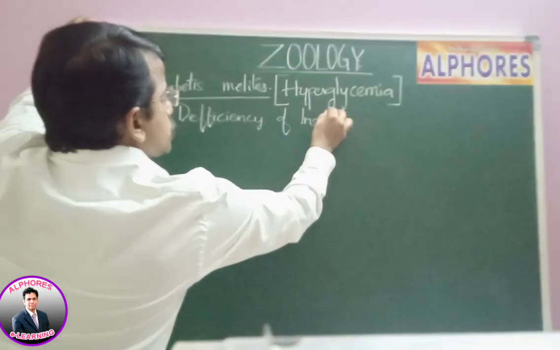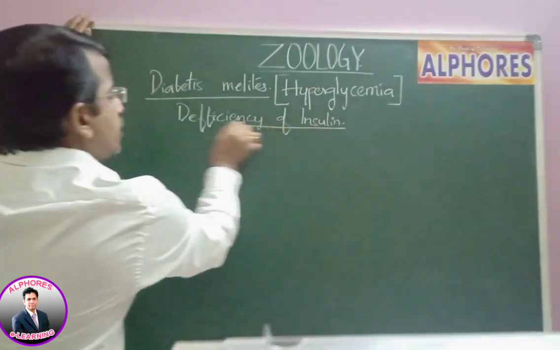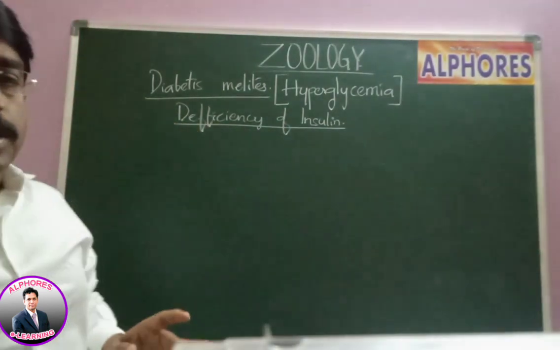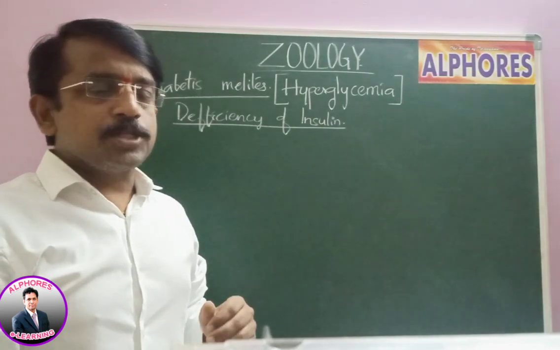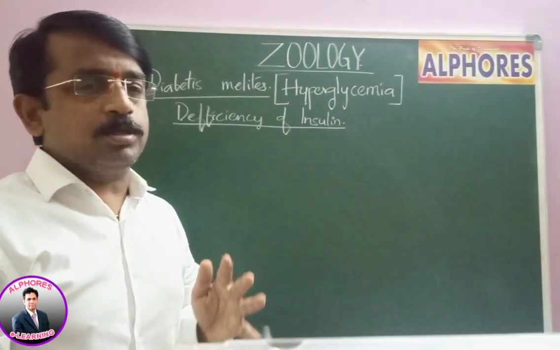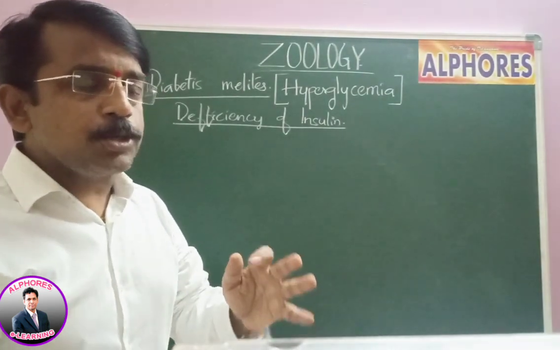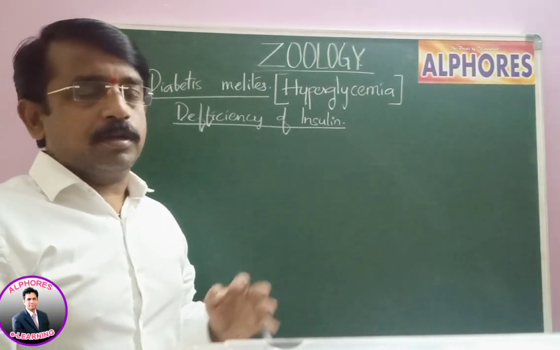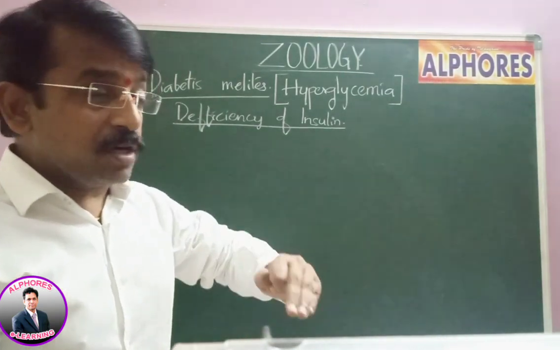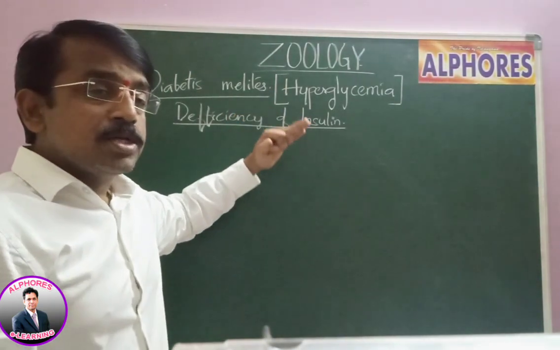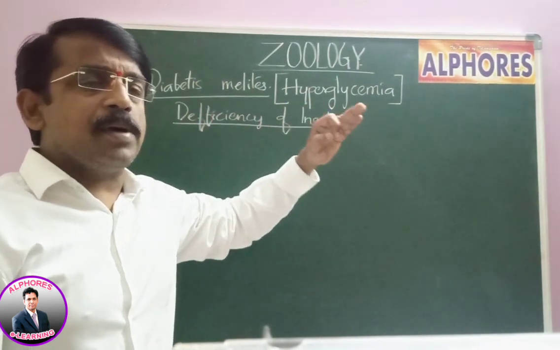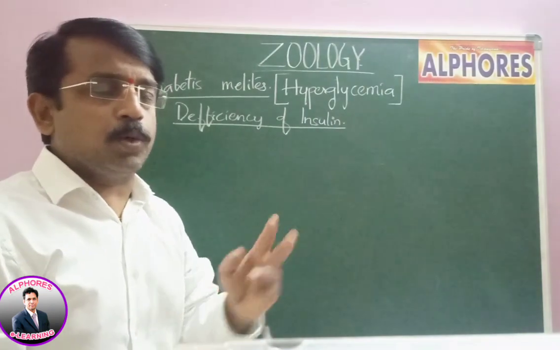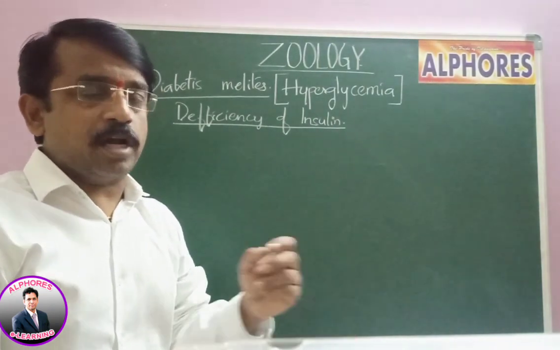The point to remember is that insulin reduces the glucose level by glycogenesis in the liver, which converts glucose into glycogen. So glucose levels are decreased. Thereby there is a balance of glucose through the action of both insulin and glucagon.